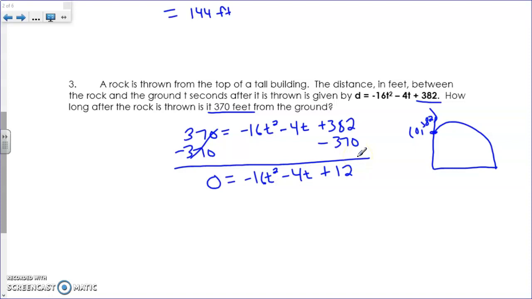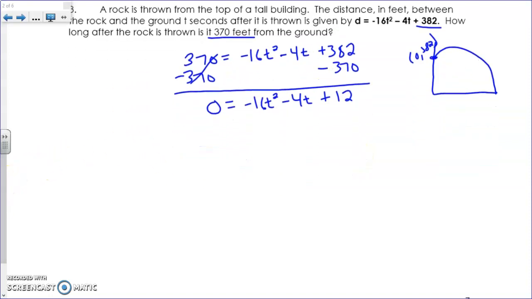Alright, so I have that, and then I'm going to factor to solve, or I could use the quadratic formula. So I'm going to take out a negative 4, since that is negative the first term, and I'm going to get 4t squared plus t minus 3. And then that's going to give me negative 4.